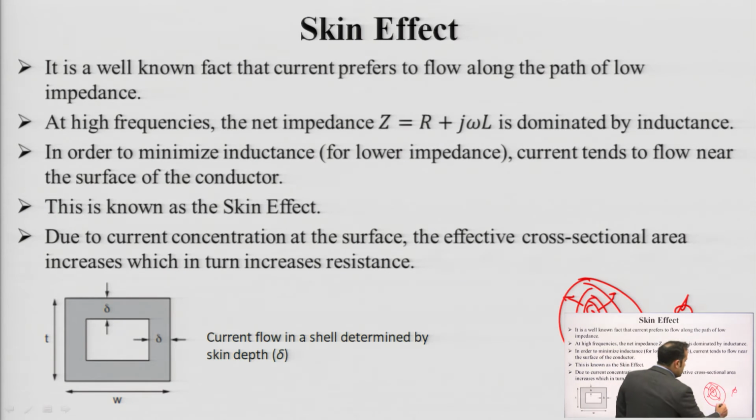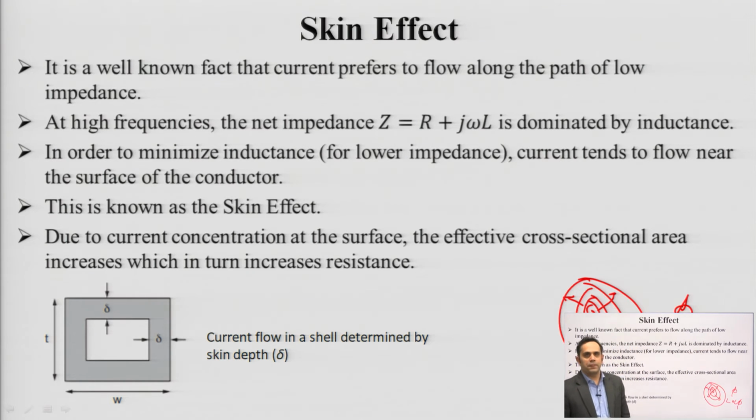The inductance of this conductor is directly proportional to this phi. Because the inductance is directly proportional to the flux produced inside the conductor, the amount of inductance tends to be maximum in the core and comparatively much less on the edges or on the surface.